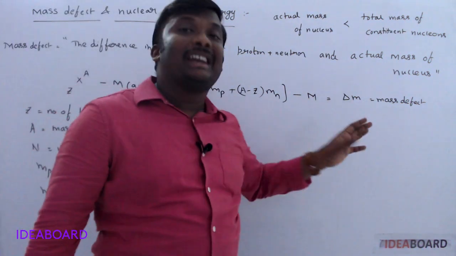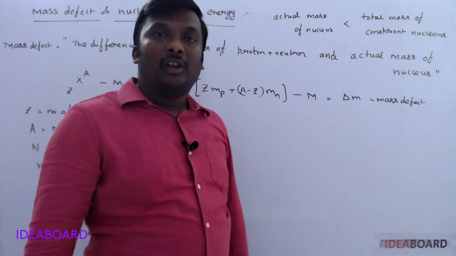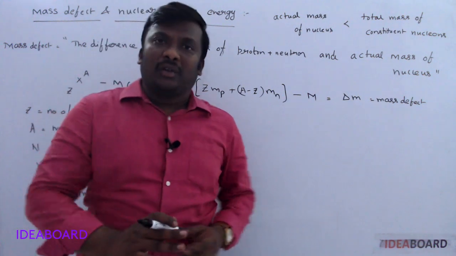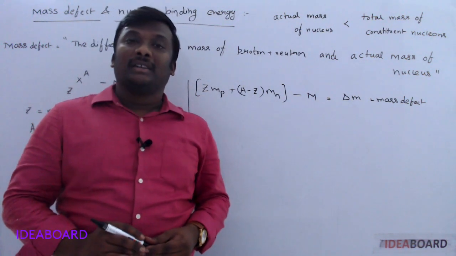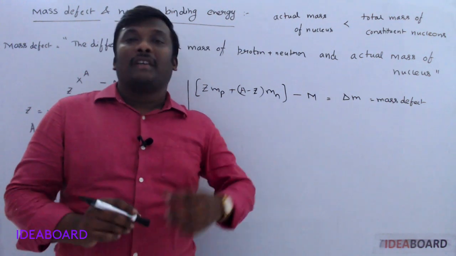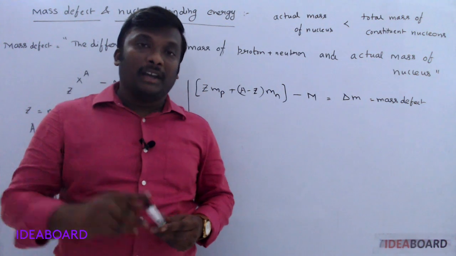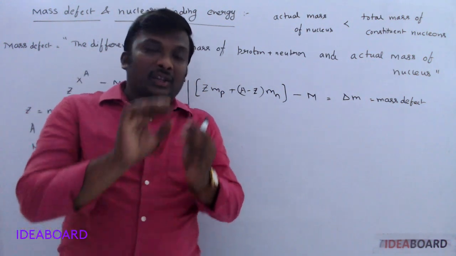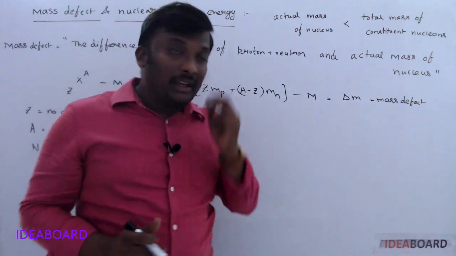Defect is nothing but the difference in the mass. Now, okay, I understood the definition of mass defect, but where will this loss of energy go? What happens? Because you are saying inside the nucleus, so how is this loss converted?